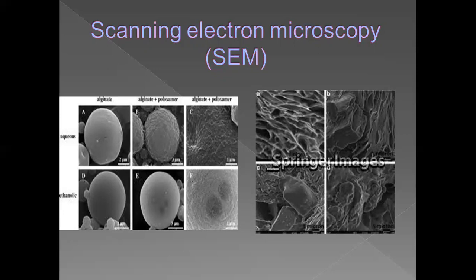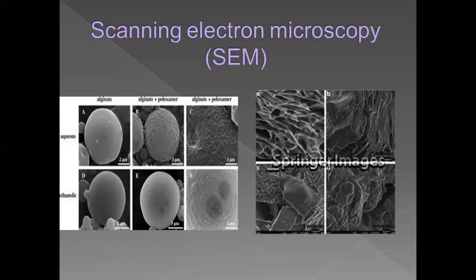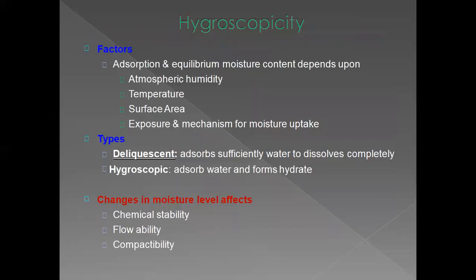See, this is the internal structure of an alginate in an aqueous solution and in an ethanolic solution, so there is a difference here. But when the alginate is blended with a polymer, it shows a difference. So SEM shows the internal structure of the compound.